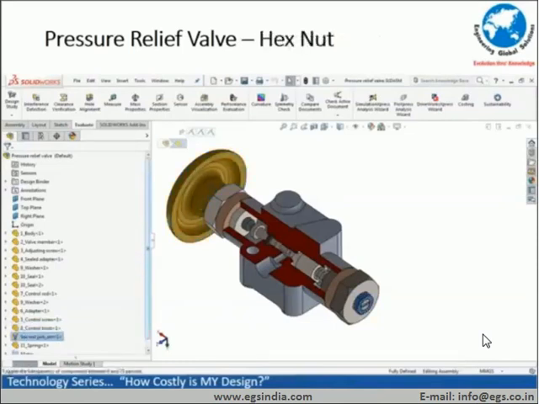Then you have the hexagonal nut on the right side, and the spring, which takes care of the pressure characteristics, the relief valve part of it. So this gives you an overview of the construction of the pressure relief valve.